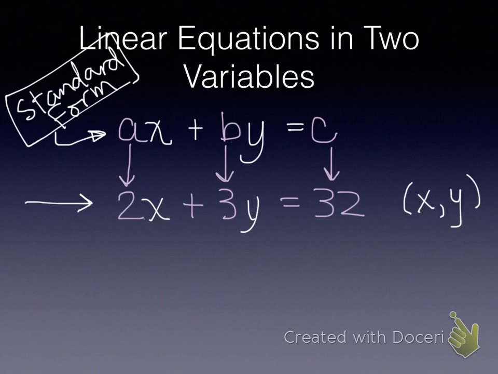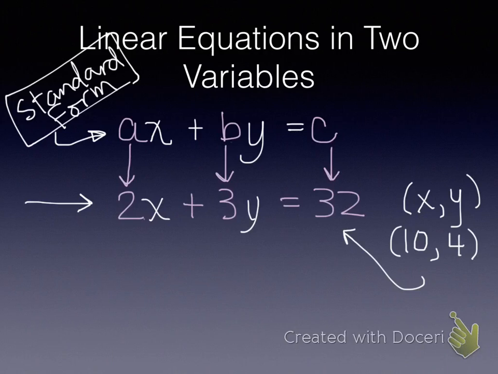One of the ordered pairs that worked for this was if we let x be 10 2-pointers, then she scored 20 points that way, and then she scored 4 3-pointers. So (10, 4) was a solution to that equation. They're written in the form (x, y) as ordered pairs.